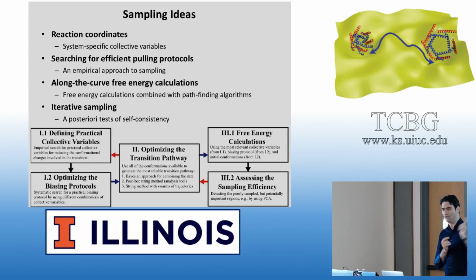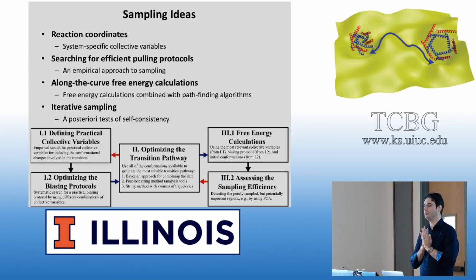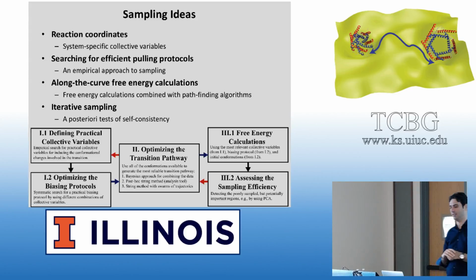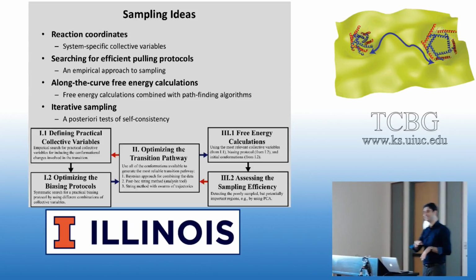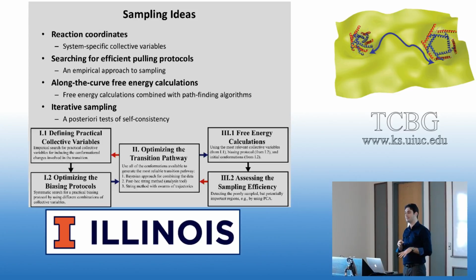The particular example that I'm going to show mostly used about 2 microseconds of simulations in aggregate for reconstructing the entire transport cycle of a transporter, which doesn't just involve one conformational change.